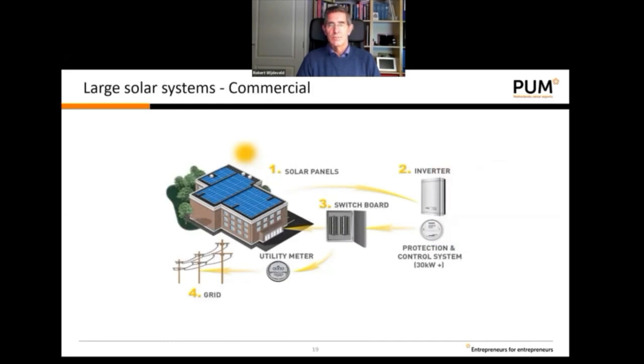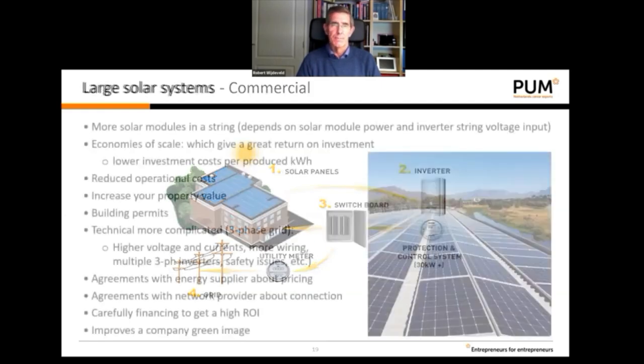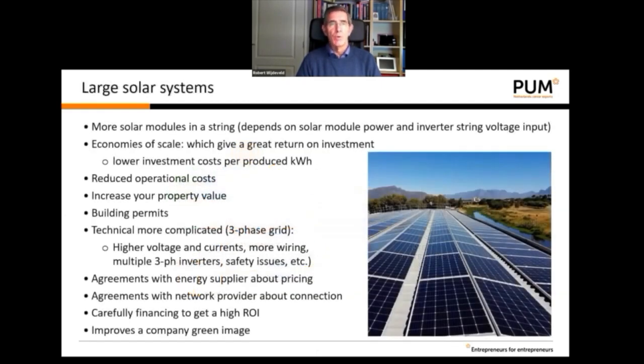Large solar systems, also called commercial systems. The setup is basically the same as for a residential system. We have the solar panels, the inverter, the switchboard, the meter, and the grid. Nothing different, only the sizes are different. So we have more modules in a string, and the amount of solar modules in a string depends on the solar module power and the inverter string voltage.